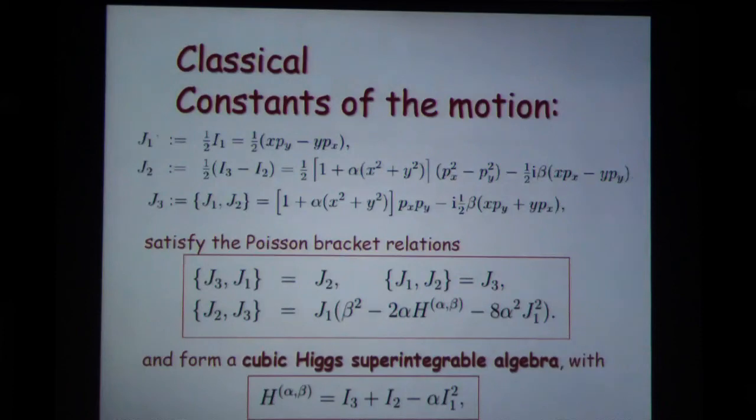This is not a Lie algebra, but it's a cubic Higgs superintegrable algebra. Not Lie, Higgs. And you can express the Hamiltonian, alpha and beta, in these terms. Beta is contained in one of these two. So you can express the Hamiltonian in terms of the symmetries of the system.